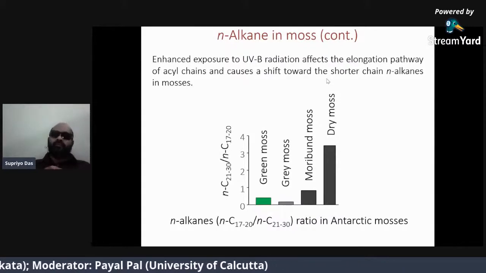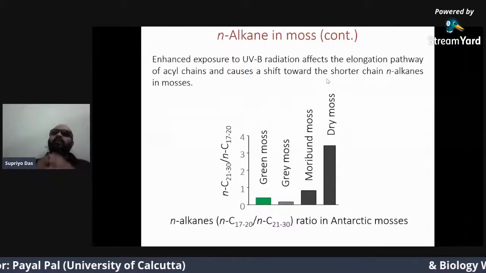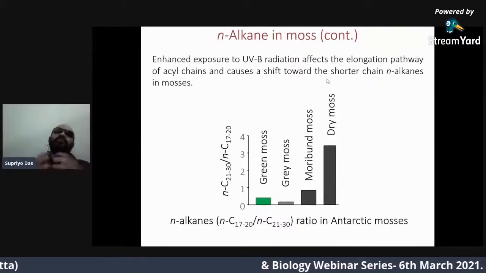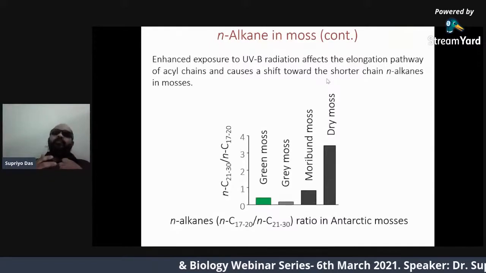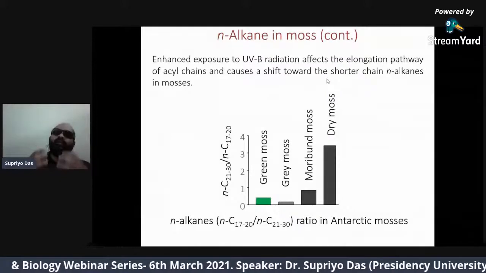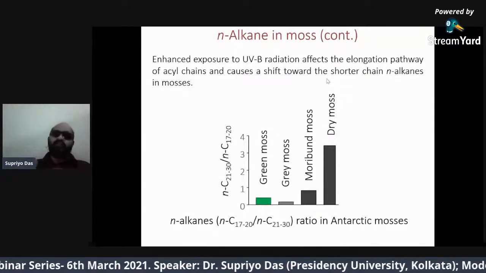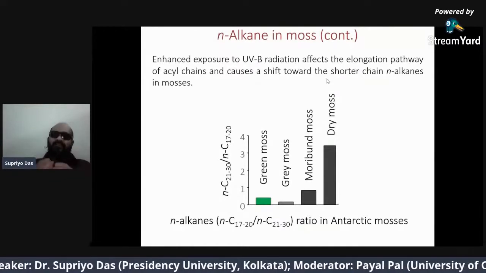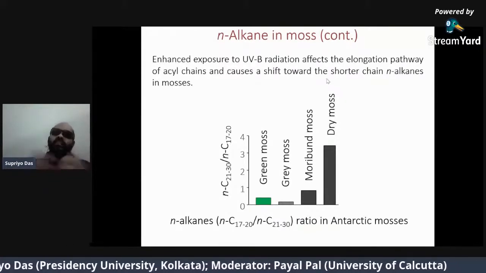They have less water, so they had to survive in very little water, or what they do, they actually desiccate themselves. They protect themselves in a way that the less water or water stress doesn't harm them much. So they produce long chain alkanes that keeps them intact. They don't break down, they don't disintegrate or die.